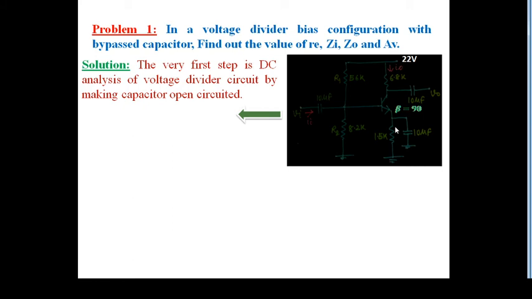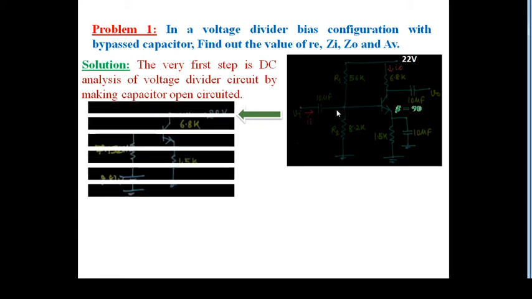So we can redraw the circuit and modify this voltage divider circuitry in terms of the Thevenin voltage and Thevenin resistance, R Thevenin and V Thevenin.